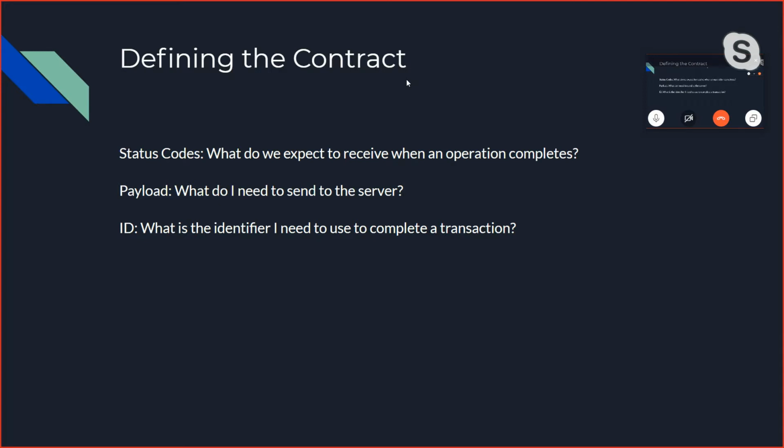If I'm getting a list of things, I don't really need an ID, but I'm going to get back a set of IDs and a set of information. If I want to get a specific record or a specific entity, I need that ID, and maybe I need to include a payload.